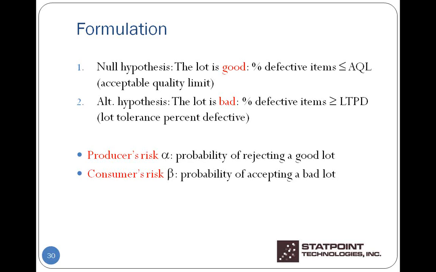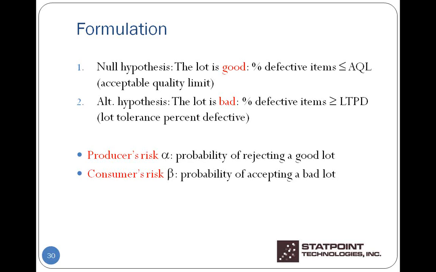Specifically, I pick 2 percentages for the defective items. I'll call the good percentage the AQL, the acceptable quality limit. For example, I might say I will consider the lot to be good if I have no more than 1%, let's say, defective items. 1% would be called the acceptable quality limit. Okay?